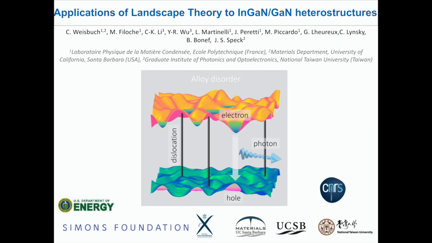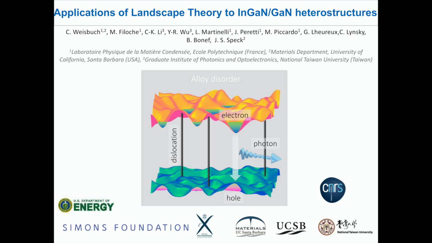I will discuss basically, this is a real computation actually, of energy levels of electrons in a disordered semiconductor, which is indium gallium nitride. This is what we do, like light-emitting diodes, which is the new revolution in lighting and energy savings. So you see that you have 2 types of disorders.